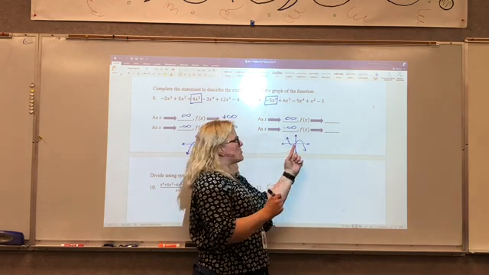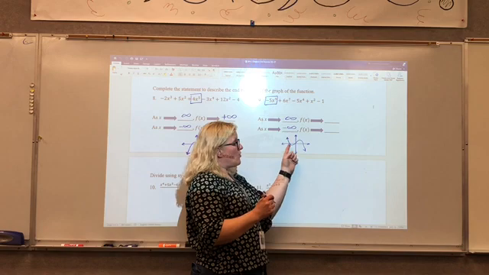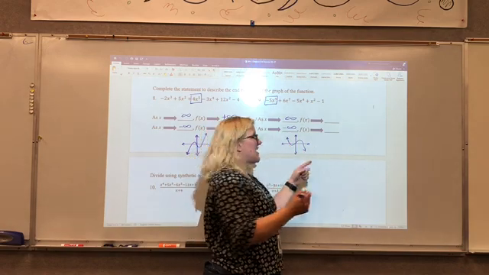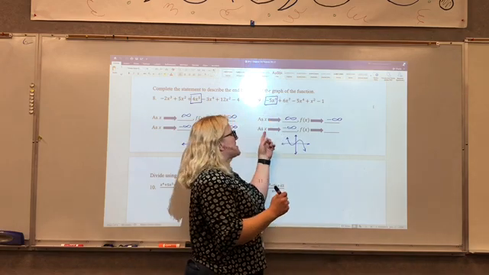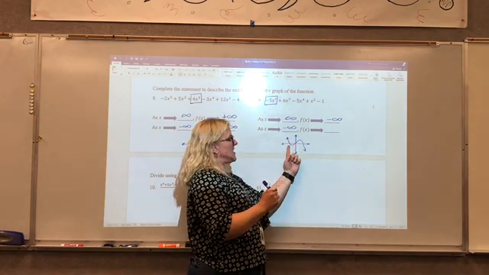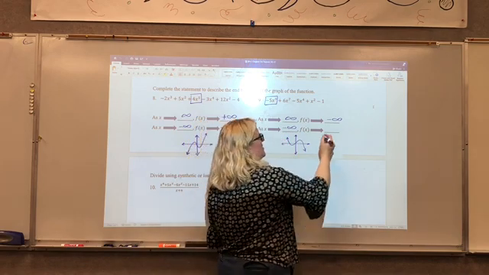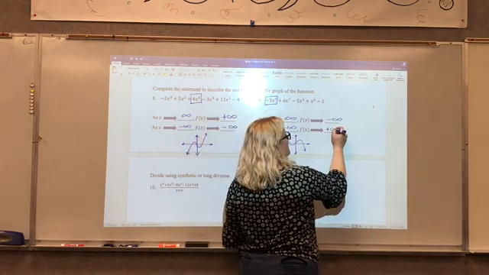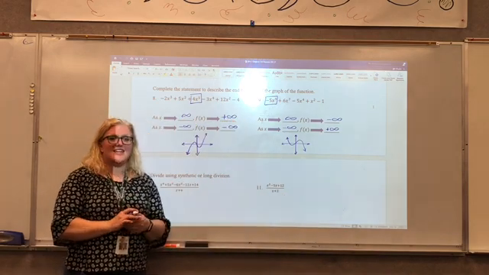So as x approaches positive infinity, my function is decreasing, which means it's approaching negative infinity. And as x approaches negative infinity, this is approaching positive infinity. All right, we will go on to dividing in the next video.